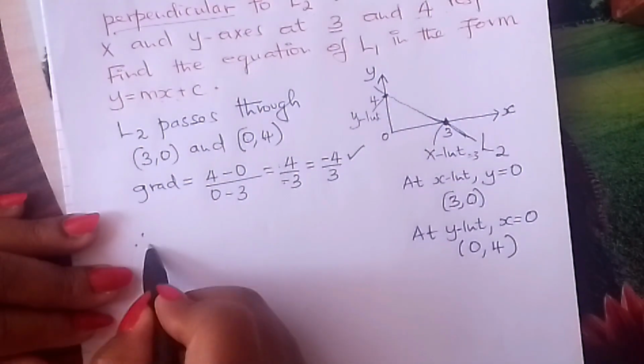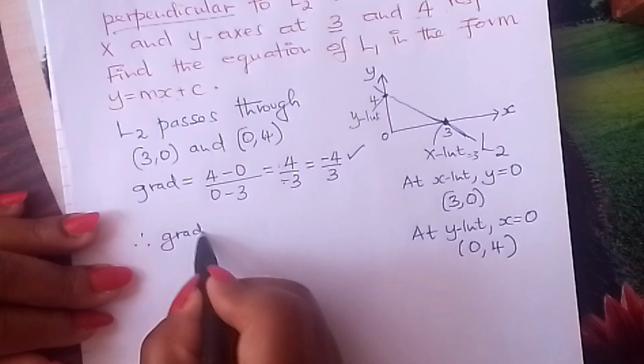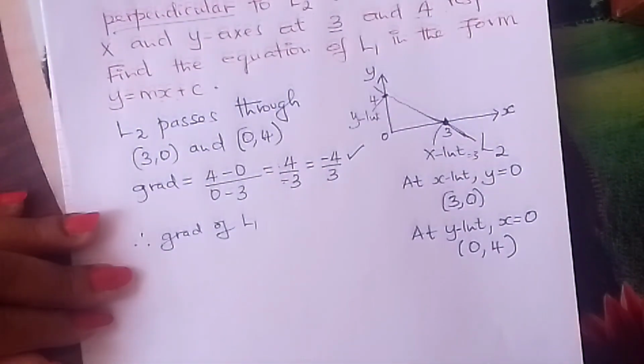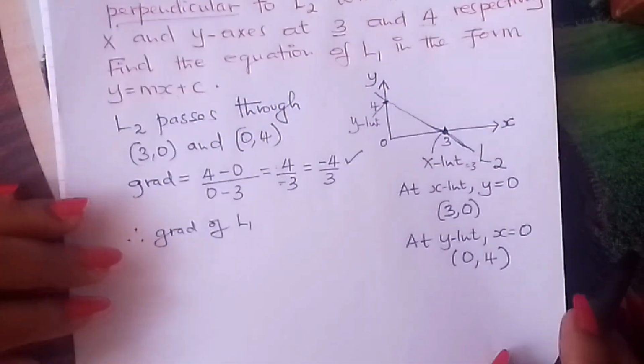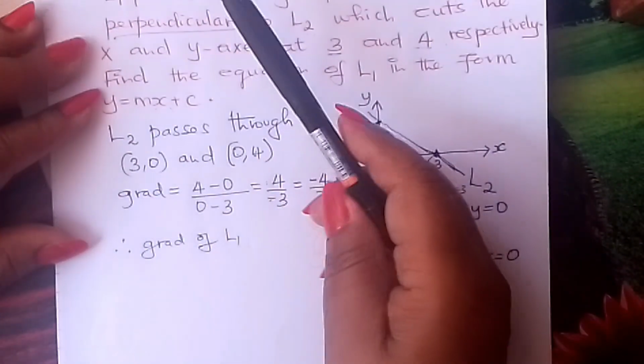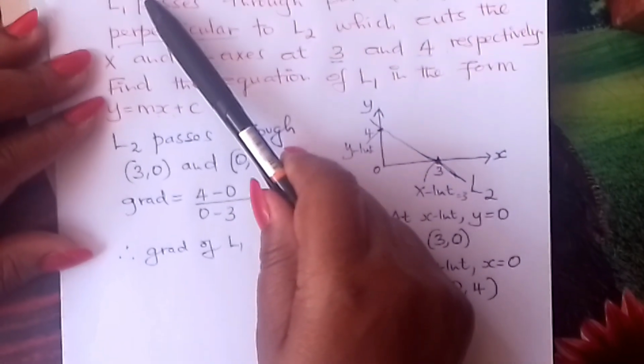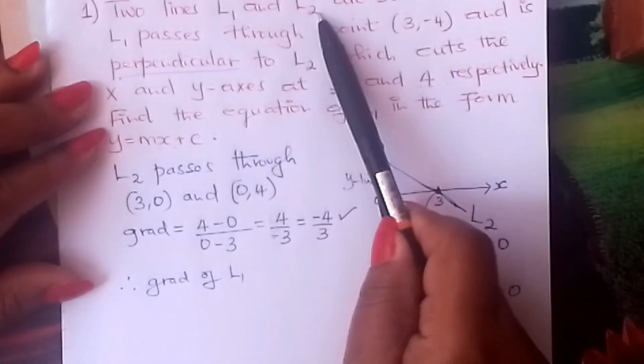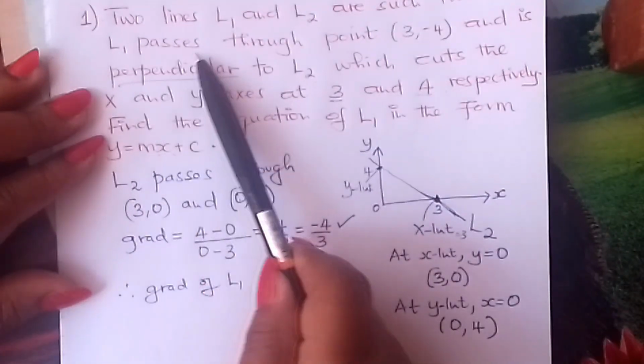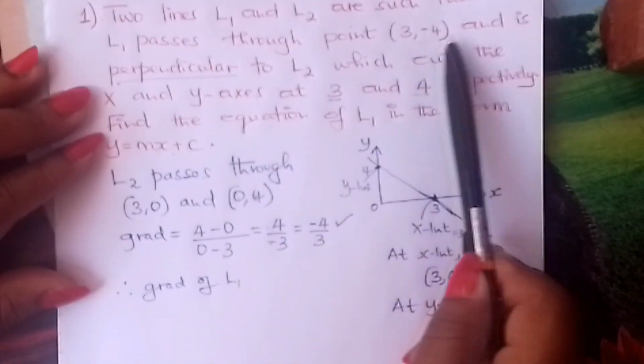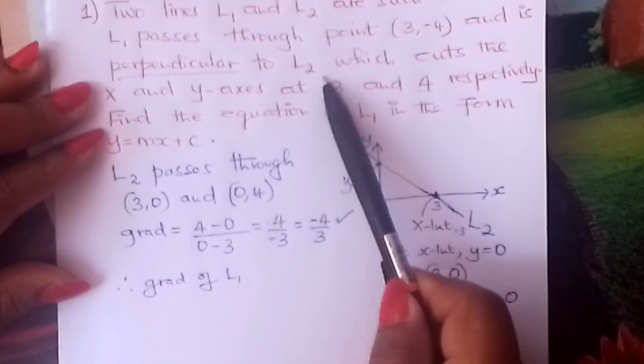And therefore, learner, what is the gradient of L1? We are told that these 2 lines are perpendicular. Two lines L1 and L2 are such that L1 passes through this point and is perpendicular to L2.